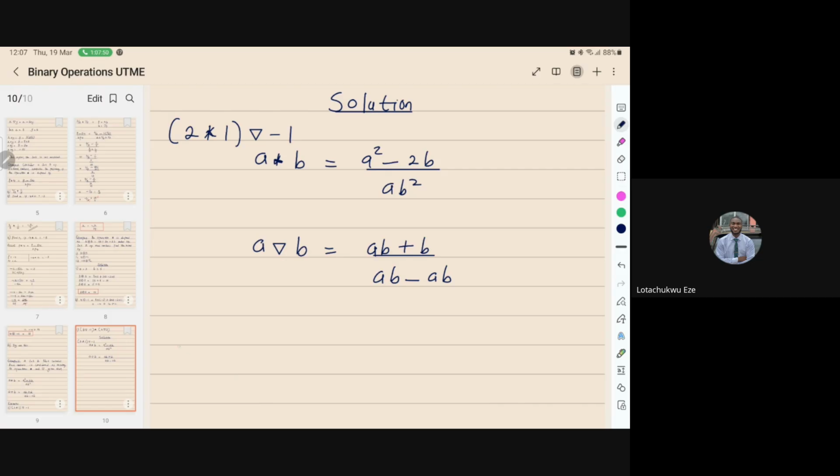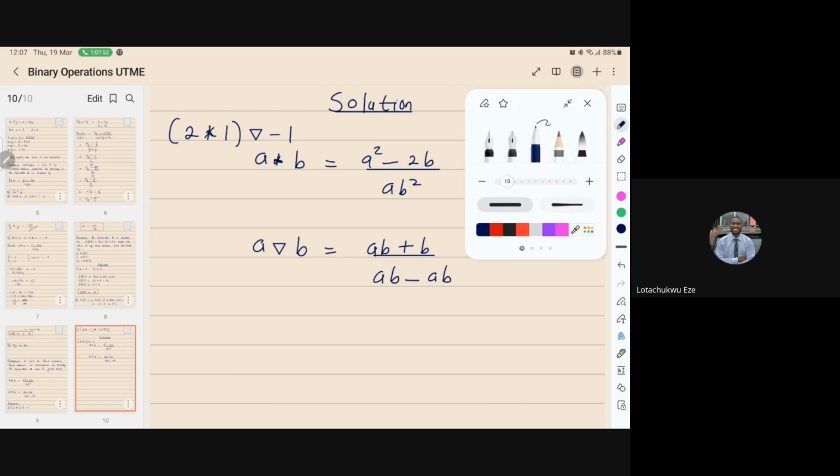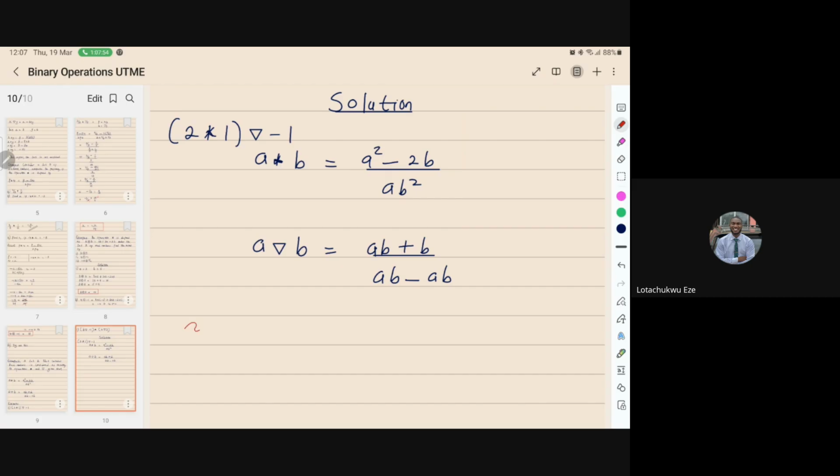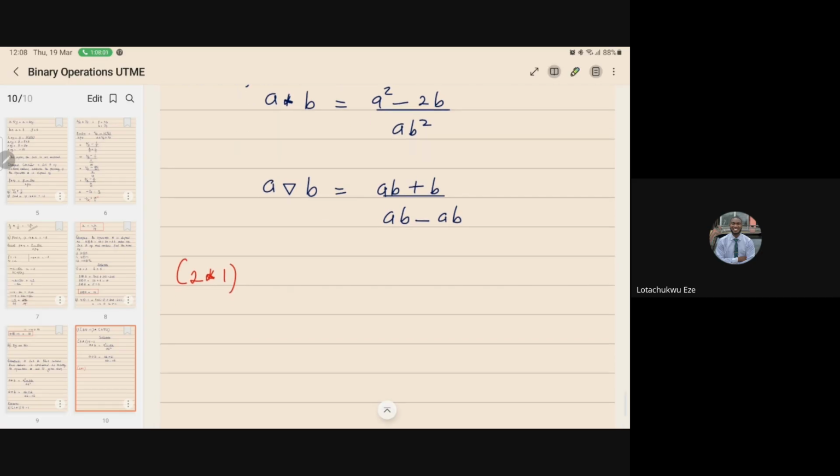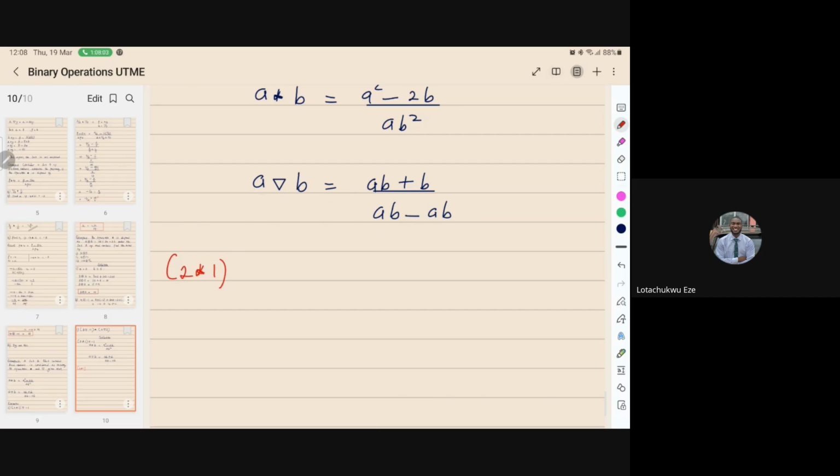For the bracket, the first thing we have right here is 2 asterisk 1. So what does that tell you? Anywhere I see A and B, it relates to the first equation, so 2 asterisk 1 will be equal to, the value of A is 2 and B is 1, so this is 2 squared minus 2 times 1 all over 2 multiplied by 1 squared.